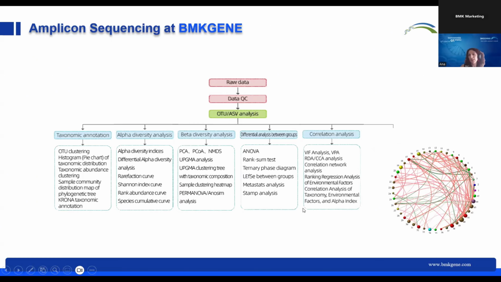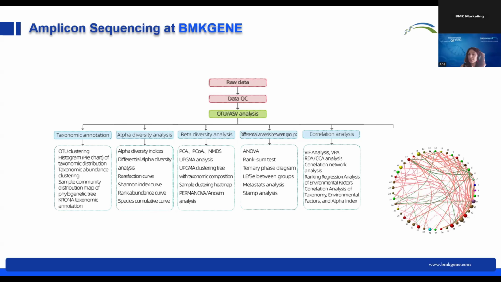Then we also carry out correlation analysis. And correlation analysis, like this graph here, can tell us if we have some microbes in your sample that are correlated among themselves. So if when one appears in a high amount, usually the other one also appears in a high amount, and this would be a positive correlation. A negative correlation is the other way around.